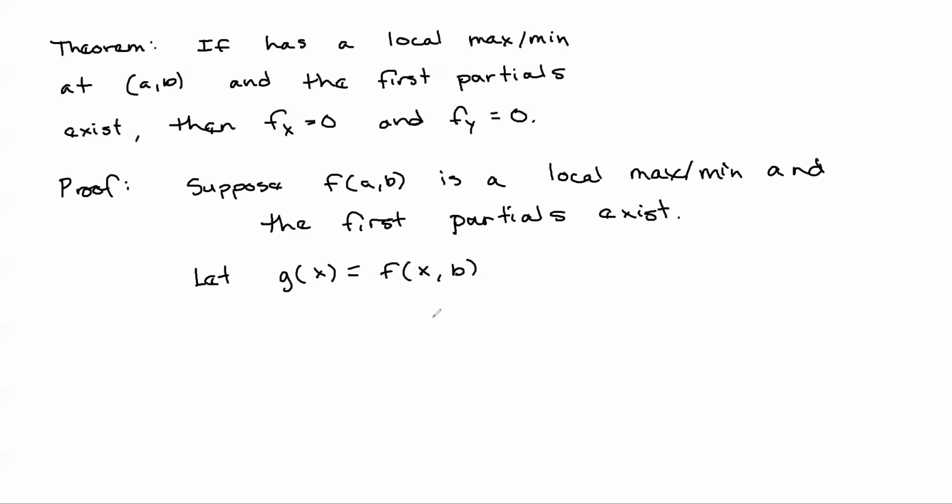If you didn't catch the audio, sometimes it's difficult without a visual. But what we're going to do is take the surface and turn it into a curve by setting y equal to b.